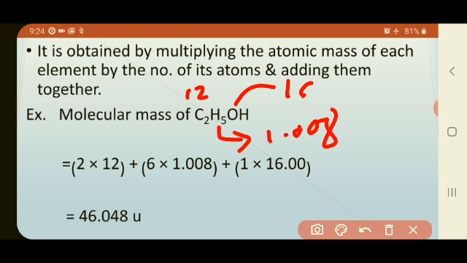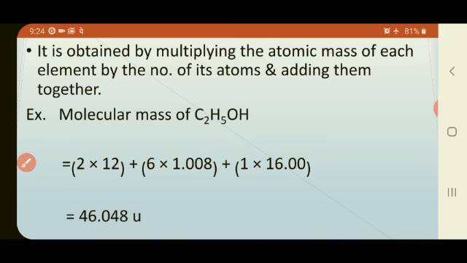So total will be 46.048 unified mass. So you can write either u, or if the atomic masses are given in gram, then the final answer will have the unit as gram also. Either you have to write the unit as u or gram.